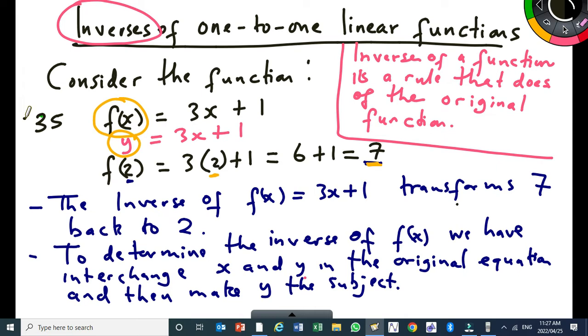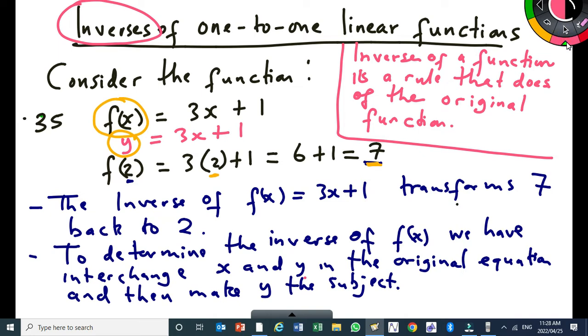All right. So first, before you start writing anything down, you write the heading. I need to define what's an inverse. What's an inverse of a function? Now, the inverse of a function is a rule that does the opposite.